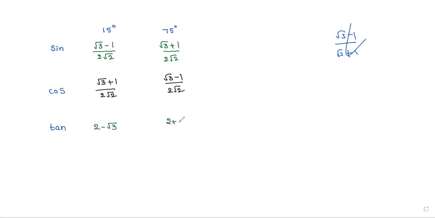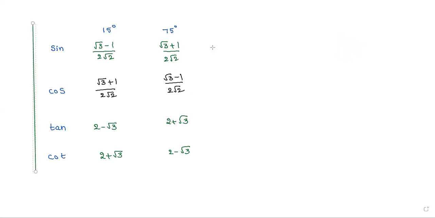2 plus root 3. So cot 15 degree is 2 plus root 3. Cot 75 degree is 2 minus root 3. So this is the value box. So completed.